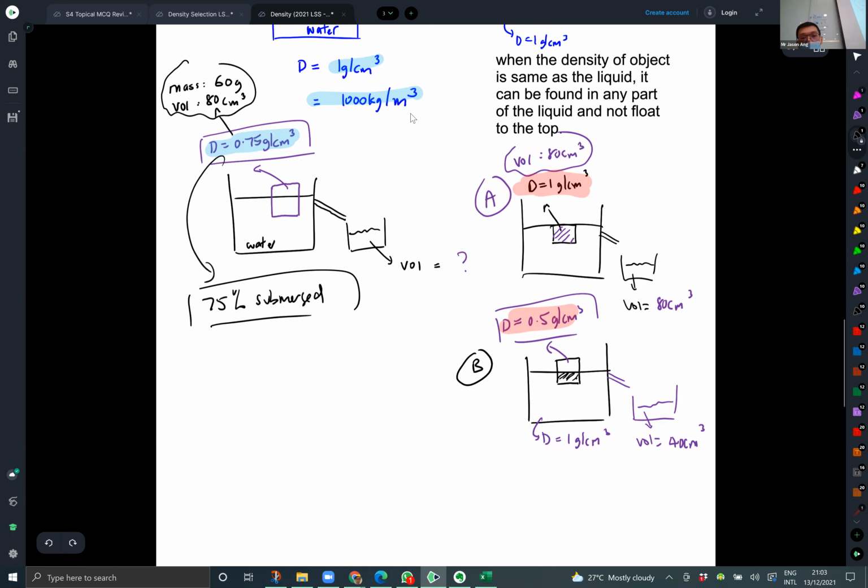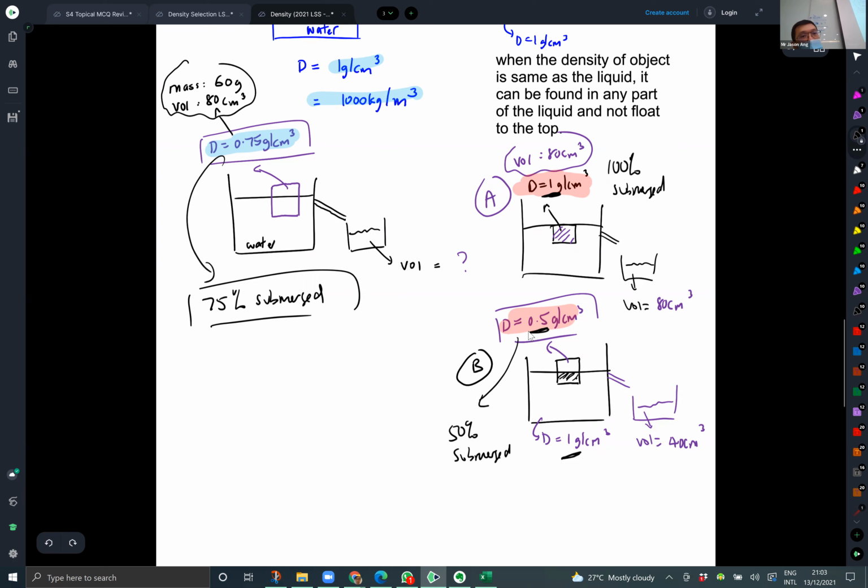Make sense? Because when it was 0.5 compared to this 1, this is 50% submerged. And when this is 1 compared to the density of water, which is 1, it is 100% submerged.